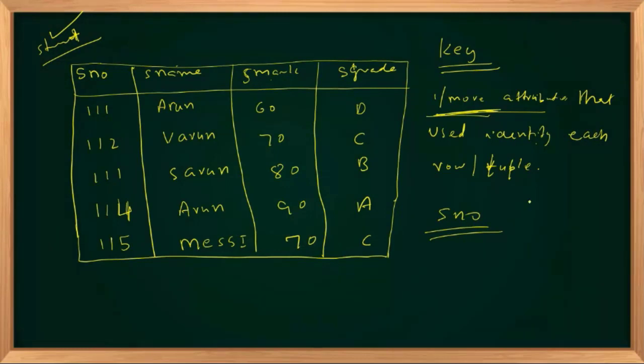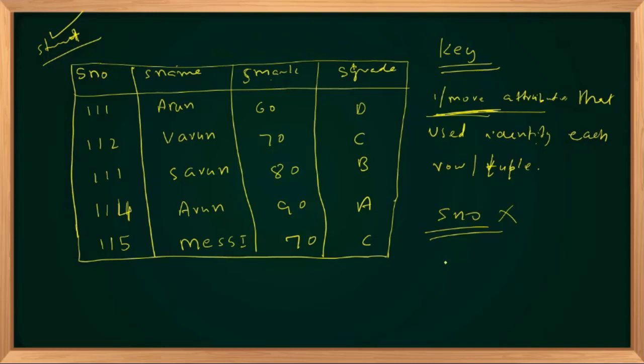Am I right? If student number is the key attribute, then we have to uniquely identify each student. Is it correct or not? It's not correct.